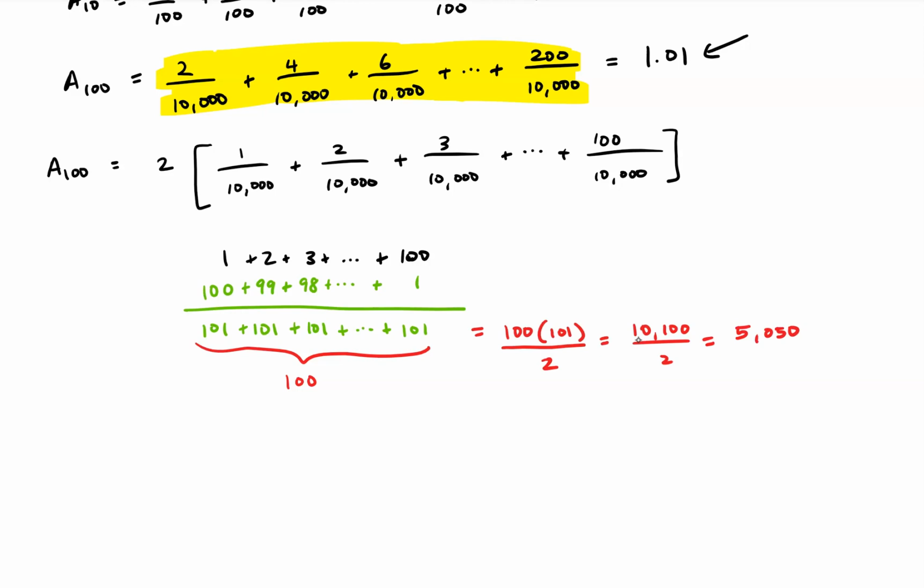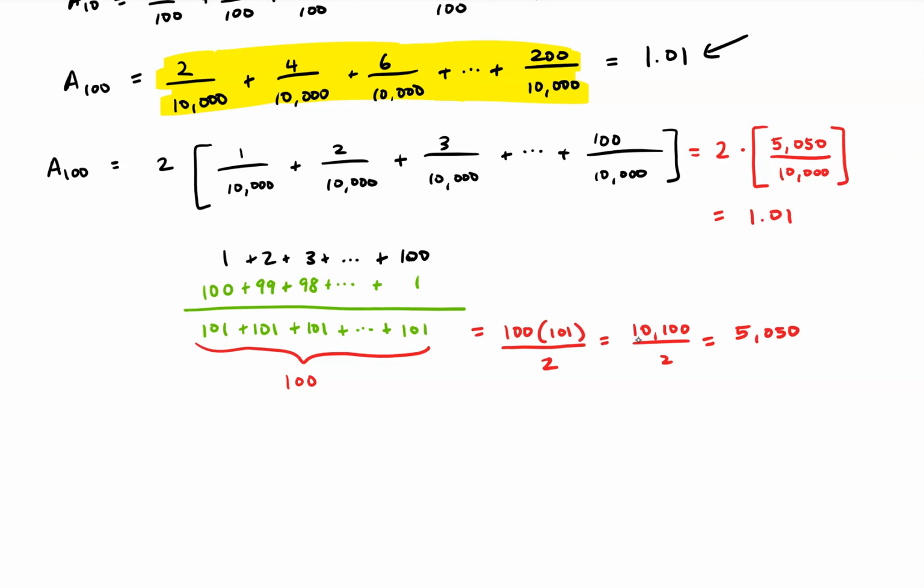And you can generalize this to the sum of the first n numbers. And so here, this ends up simplifying to 2 times 5,050 over 10,000. And that's how I ended up calculating it in the calculator. So if you throw that into your calculator, it ends up being 1.01.